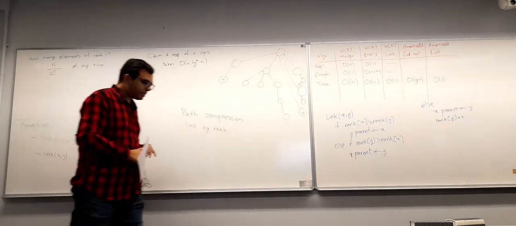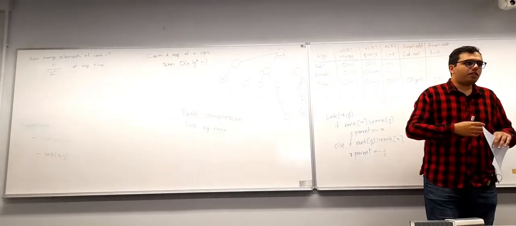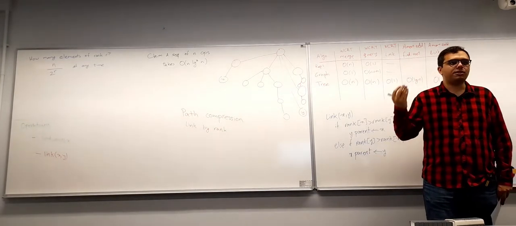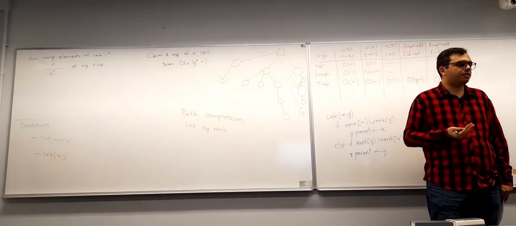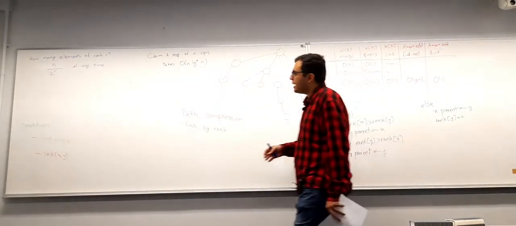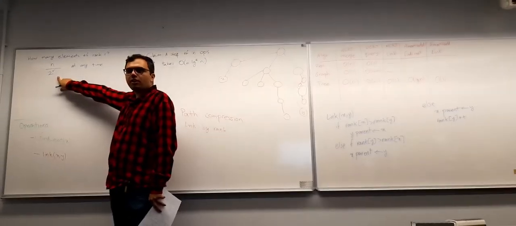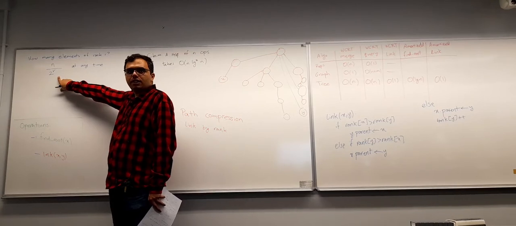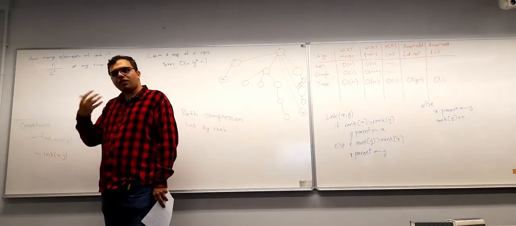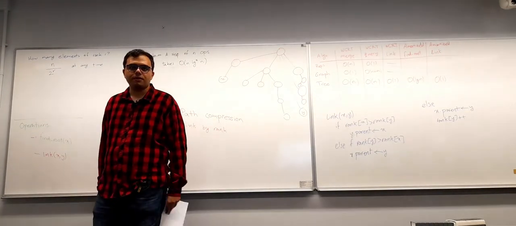But what if I ask you overall? What if I ask you to just look at all of the elements and count all those elements that at some point during these operations had rank R? How many elements like that can we have? I know that at any given time, I can have n divided by 2 to the power of R elements of rank R. But what if I look at all of the elements that were of rank R at some point, not necessarily right now at the same time?